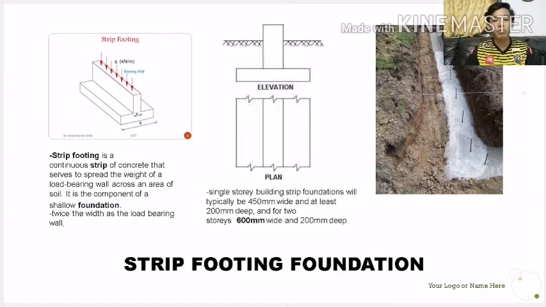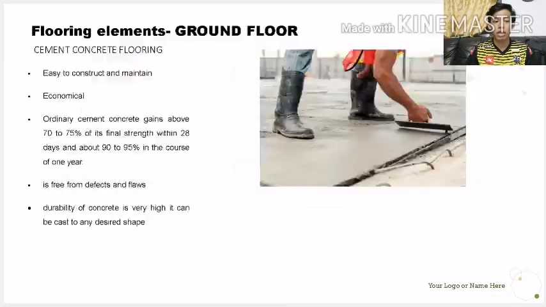The flooring element that is appropriate is cement concrete flooring, as it is always applied in buildings nowadays. It is easy to construct and maintain, and economical. It also has compressive strength and is free from defect and flaw because we create it in situ during the concrete flooring. The finish is terrazzo tiles.